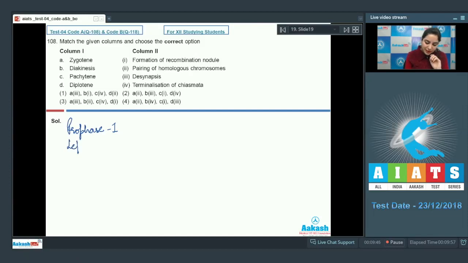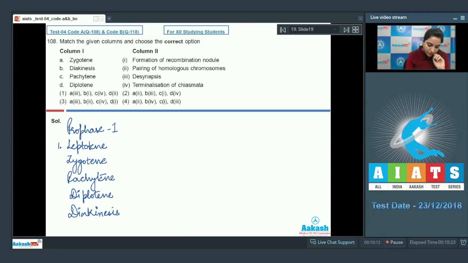So the stages were leptotene, number 1. Then zygotene, pachytene, diplotene and diakinesis.